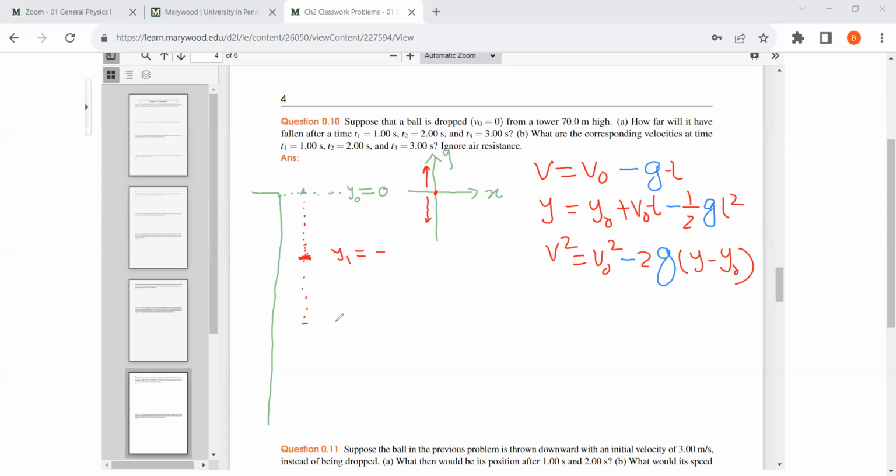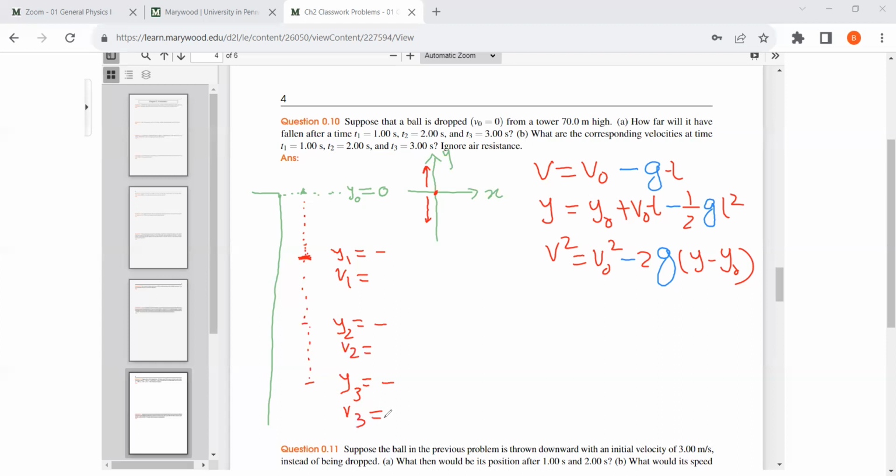Similarly, y2 some negative distance, y3 some negative distance. y1 means the distance it travels in 1 second, y2 means the distance it travels in 2 seconds, and so on. We also want to know what is v1, the velocity, what is v2 and what is v3.